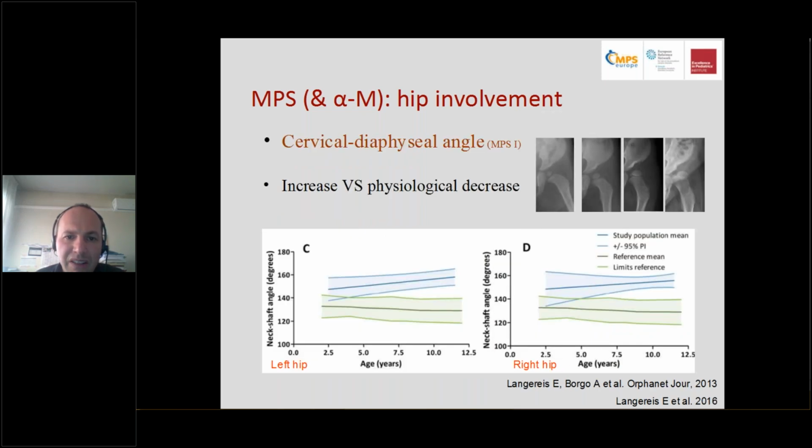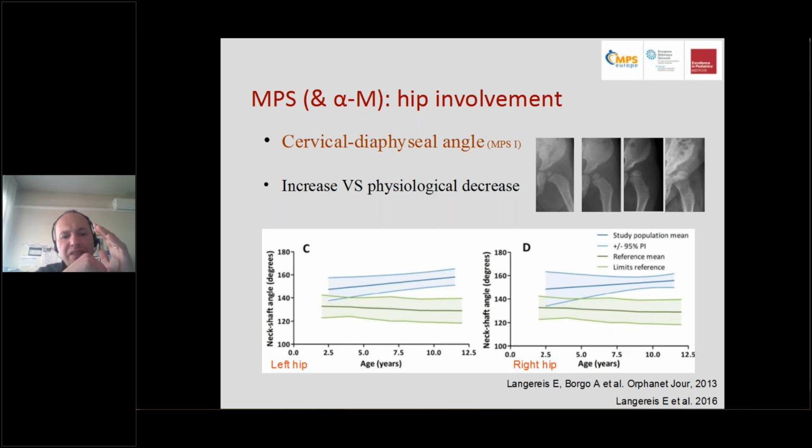What about the cervicodiaphyseal angle? In a normal person, the angle between the diaphysis of the femur and the neck of the femur is more or less 135 degrees. In mucopolysaccharidosis, we observe an augmentation of this angle that goes almost straight by around 10 years.